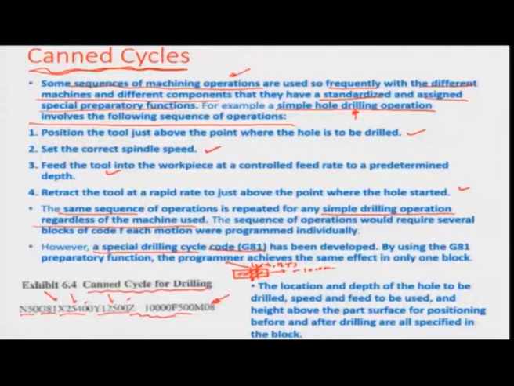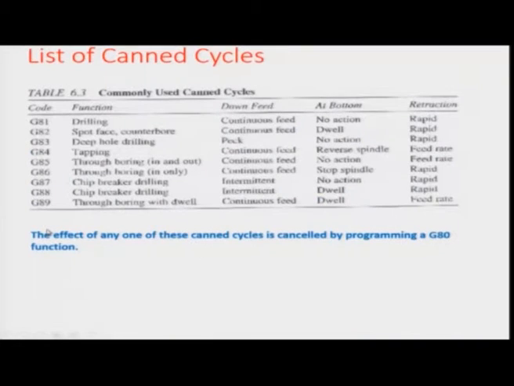So, the whole sequence is now programmed under one line. The location and depth of the hole to be drilled, the speed and feed, everything is in that same line, the height above the part surface for positioning before and after the drilling, all specified in this particular block, one block. And automatically the code is designed in a manner so that it will understand what are the x, y's and what is the z, and what is the sequence at which G81 needs to be executed corresponding to a special drilling cycle.